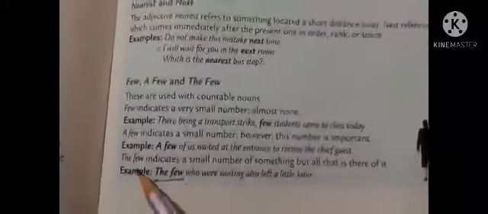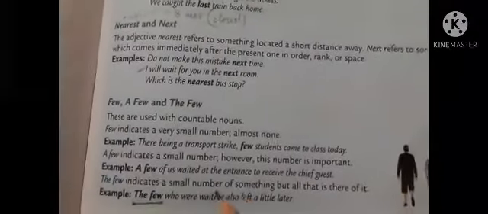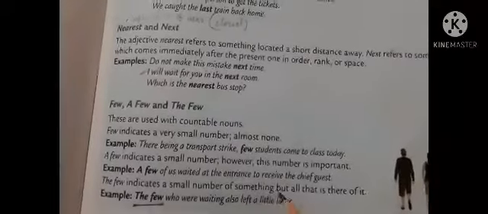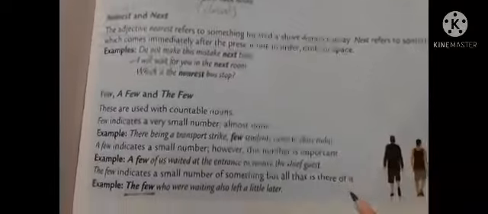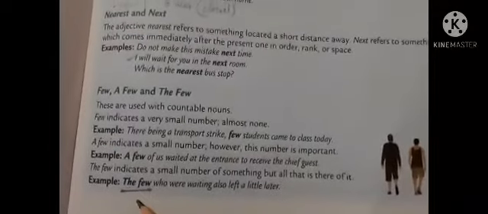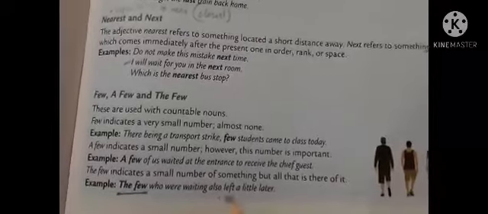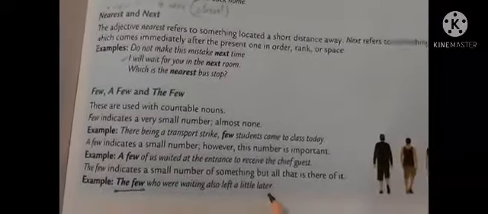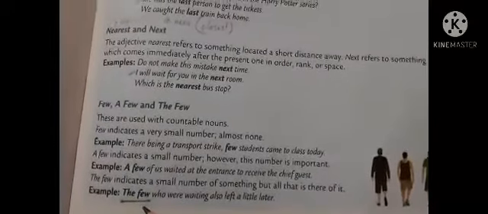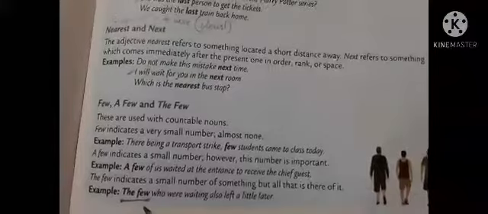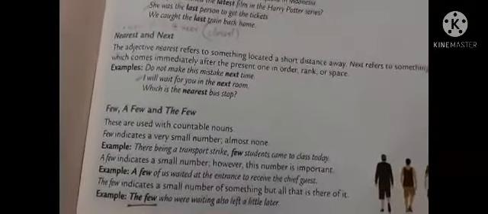And thirdly, the few indicates a small number of something, but all that is there of it. For example, the few who were waiting also left a little later. So here the adjective the few refers to a small number of people.